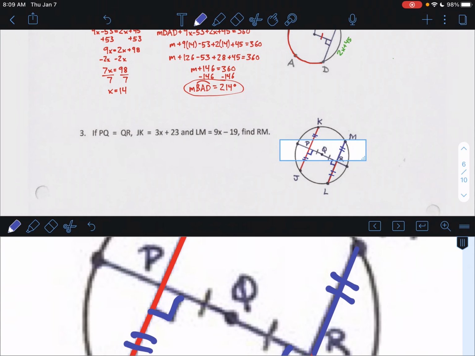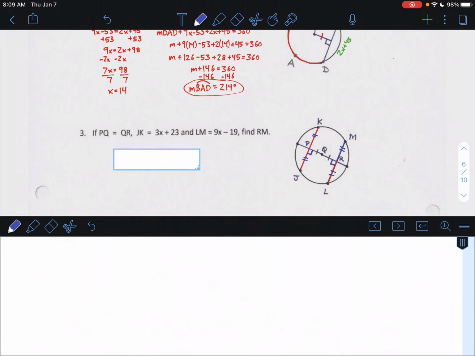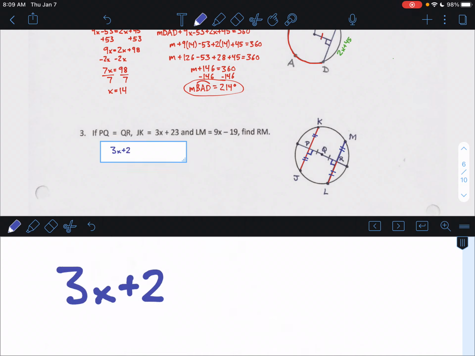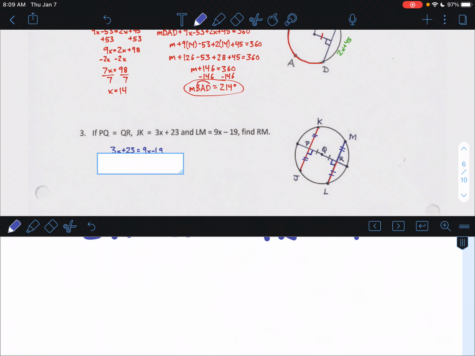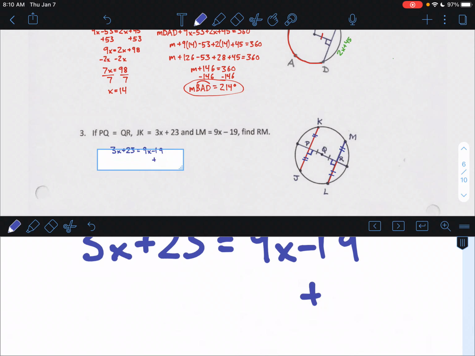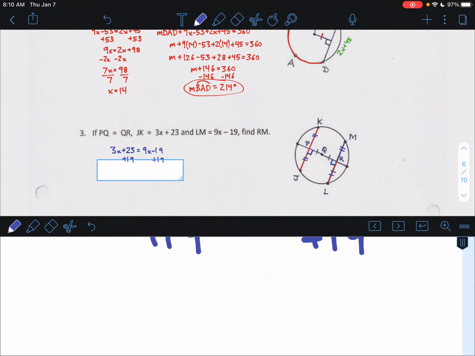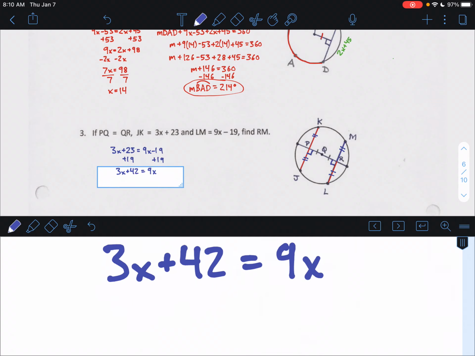Because we can see that PQ and QR are the same distance, therefore they're equidistant from the center. So I'm going to say 3x plus 23 equals 9x minus 19, and I want to solve for x. I'm going to add 19 to both sides, so that would be 3x plus 42 equals 9x.